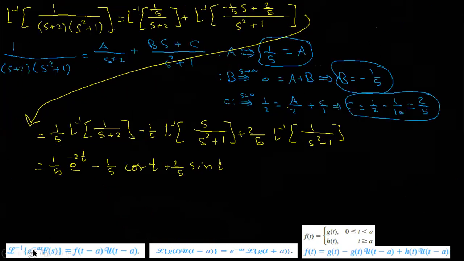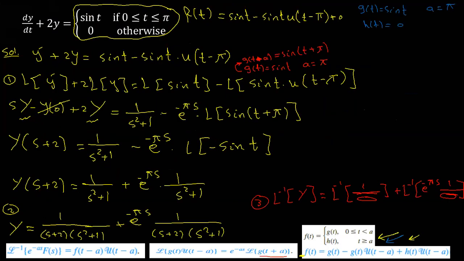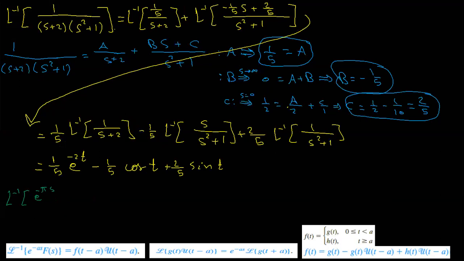Let me use another color, maybe it's better. So now you need to find the inverse Laplace of e to the negative pi s. Am I right? It is pi s, times 1 over S plus 2, S squared plus 1.